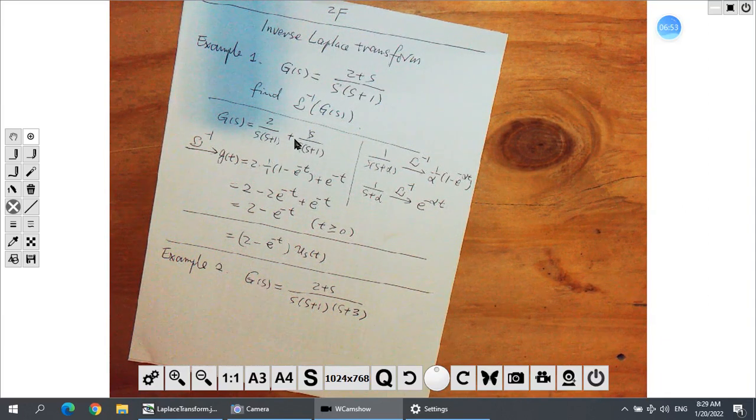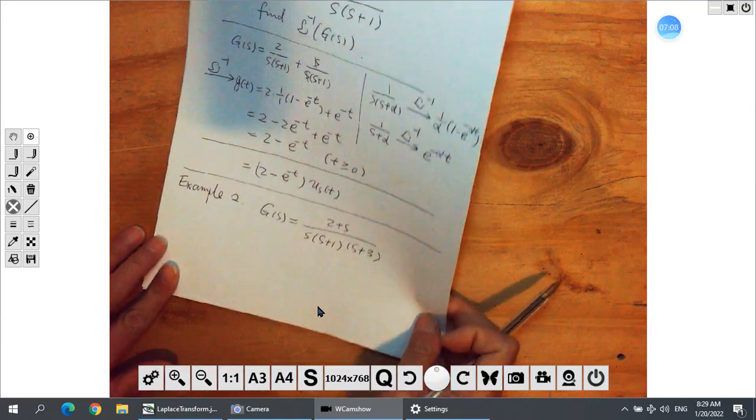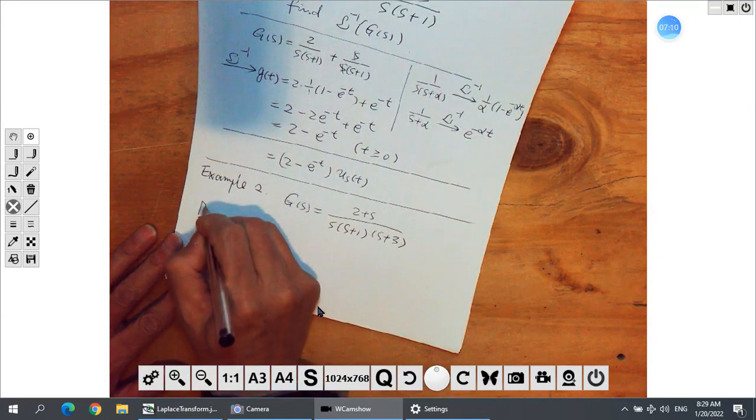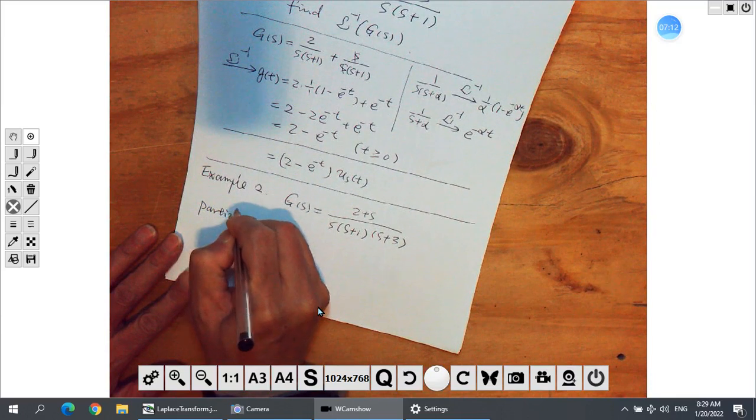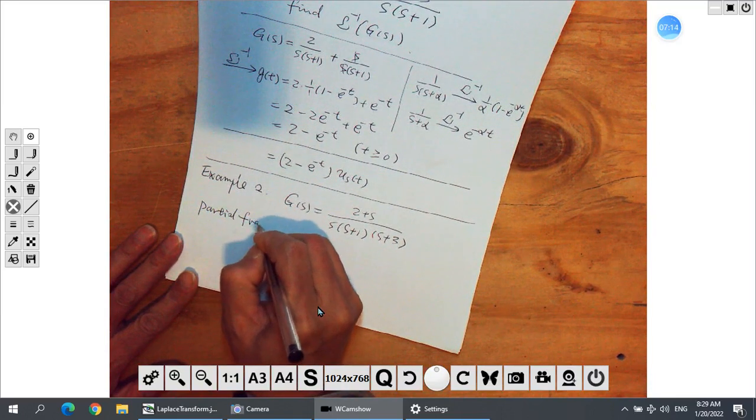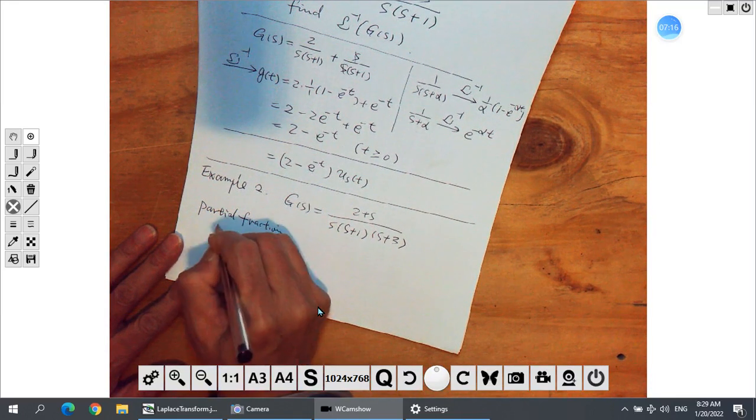In example 1, I separated the whole g of s into 2 parts. Each part is simple and can be applied in the table. Now we do a similar thing, but we need more calculations. This is a method we call the partial fraction method.